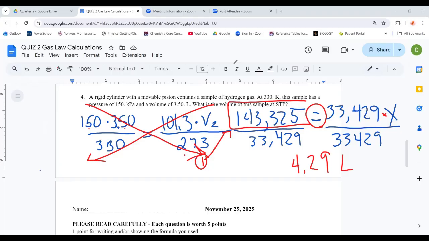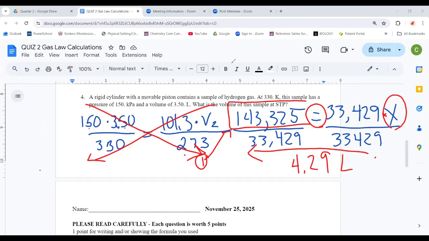Now you will notice that there's a pattern here of every time we've been moving the stuff from the right to the left. That will not always be true. It will just depend on which side the X is on. So in this case, everything they've asked us to solve for is what happens in the second part. Remember, these are initial and final state questions. So if they were to ask you about something that happened in the initial state, you would need to make sure that you paid attention to the fact that that stuff was on the other side.